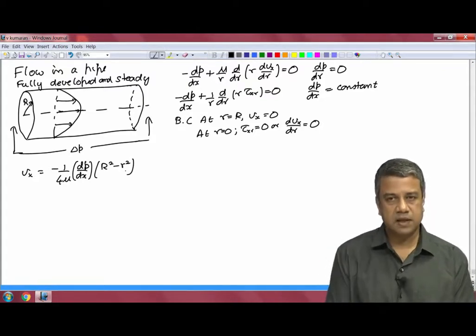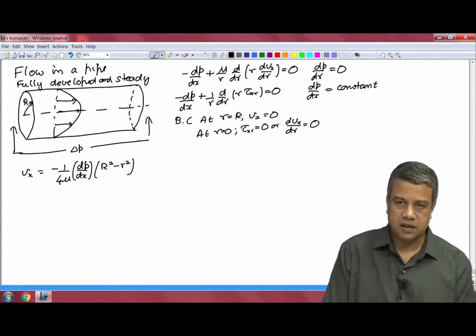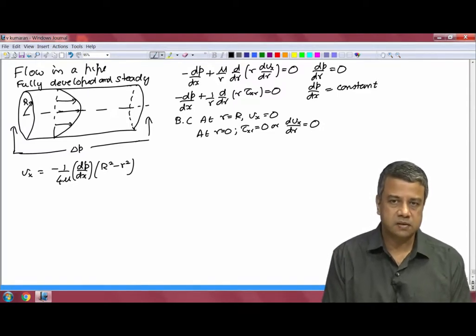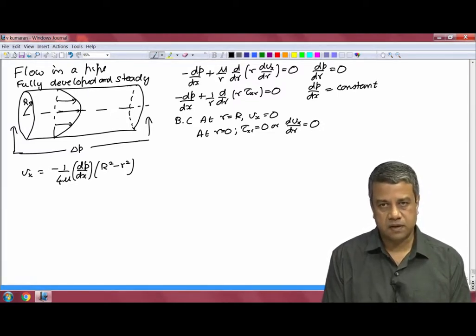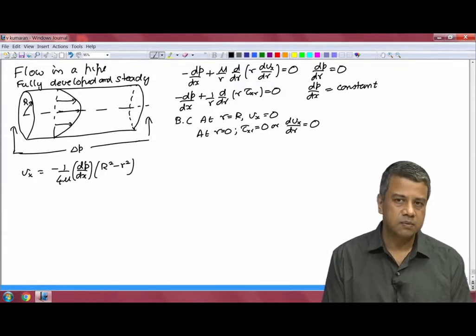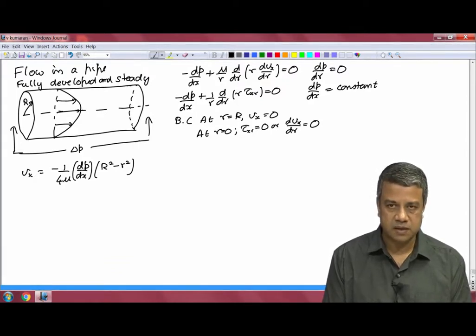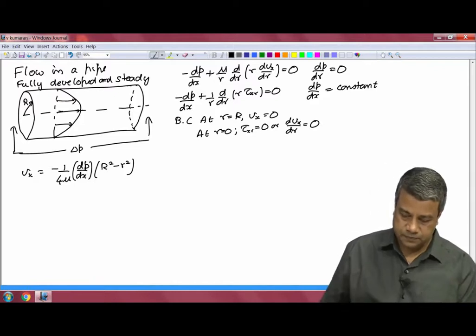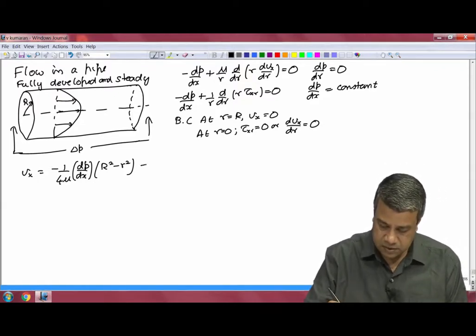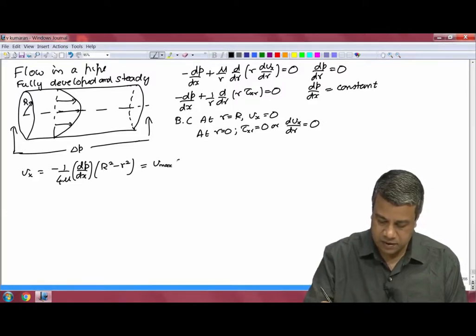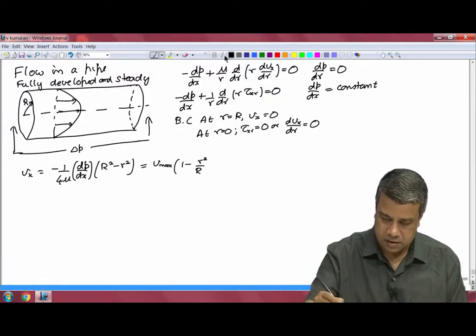Note that dP by dx is negative because as you go downstream the pressure has to decrease, and therefore the change in pressure divided by the distance travelled will be a negative number if the velocity is positive. So, the fluid flows from higher pressure to lower pressure. And we had also written this as Vmax, the maximum velocity at the center, into 1 minus r square by R square.